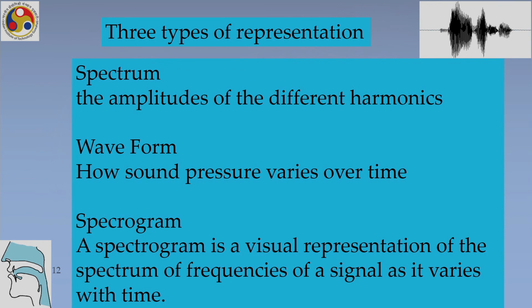So speech sounds are represented in three different ways. Let us begin there. The spectrum shows the amplitudes of the different harmonics, the waveform shows how sound pressure varies over time, and a spectrogram is a visual representation of the spectrum of frequencies of a signal as it varies with time.